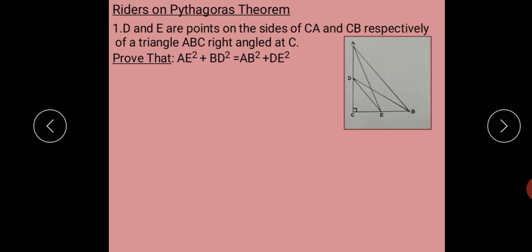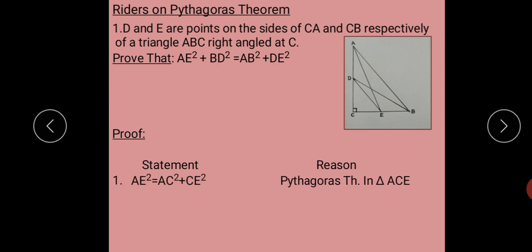If you look at the left hand side of what is asked to prove, we will find AE is a hypotenuse in right angle triangle ACE and BD is a hypotenuse in right angle triangle DCB. So we'll apply the Pythagoras theorem.